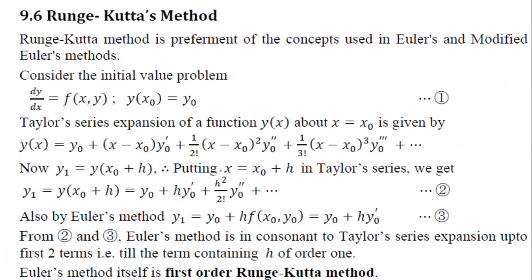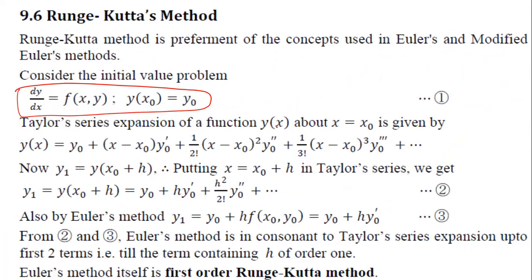Now this Runge-Kutta formula, we don't need to go into the detail of this formula derivation. So something like this. Here, this is the differential equation with this initial value problem.